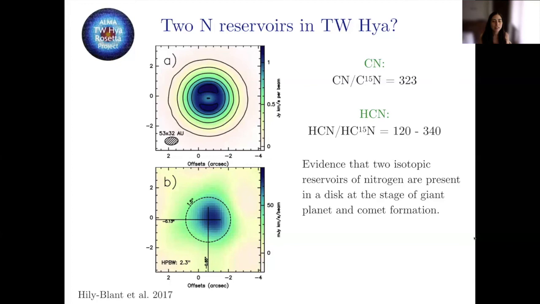So this suggested that there are two isotopic reservoirs of nitrogen in disks, and it means we really need to be careful which molecule we use to trace these fractionation ratios. However, there's one possible explanation for this difference between CN and HCN: the emission that we observe from these molecules could be arising from different places in the disk.